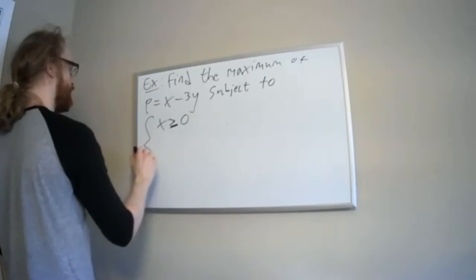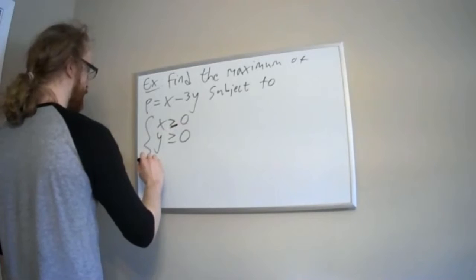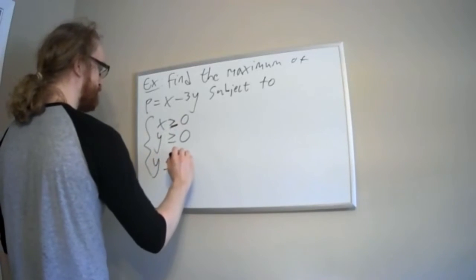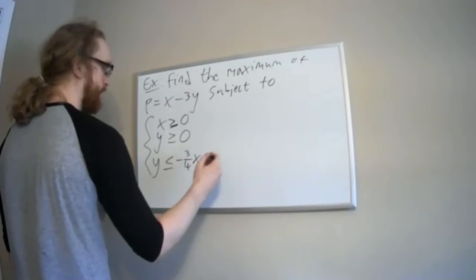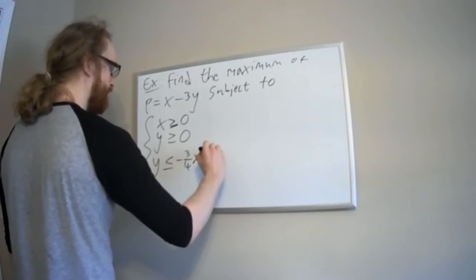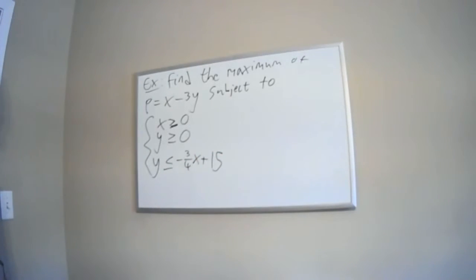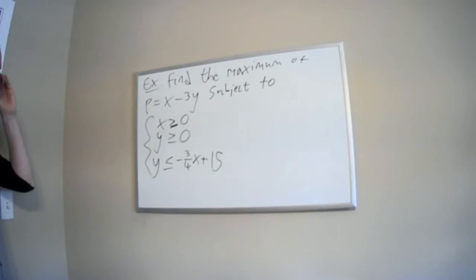We'll have x greater than or equal to 0, y greater than or equal to 0. And I don't know, we'll set it up this way. y less than or equal to negative 3/4 x plus, I don't know, how about 15? Yeah. So we'll set it up like this. Here's our system of inequalities. Here's our function. Let's see what we get from this.